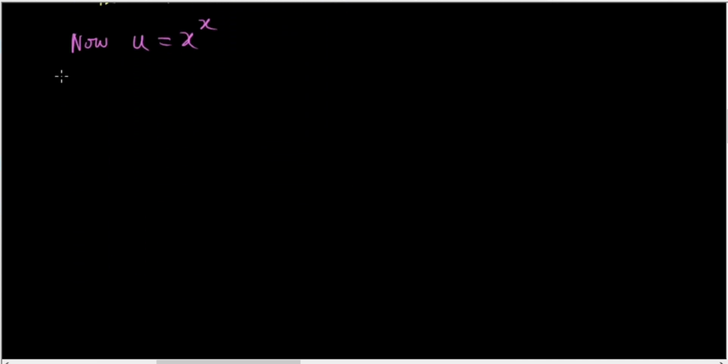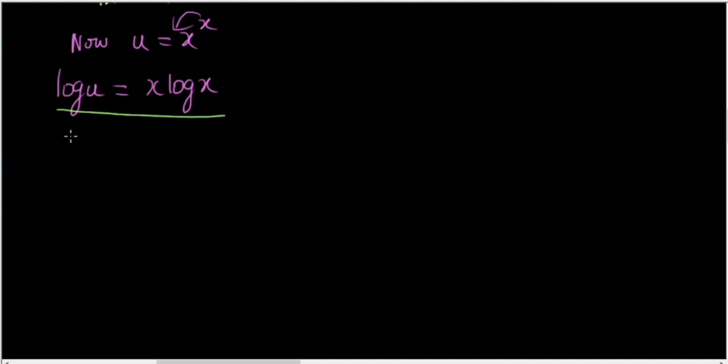So we take log u is equal to x log x. While taking log, this x comes in front automatically. Now we are going to differentiate the above equation with respect to x. So let's take the first derivative of the above equation.